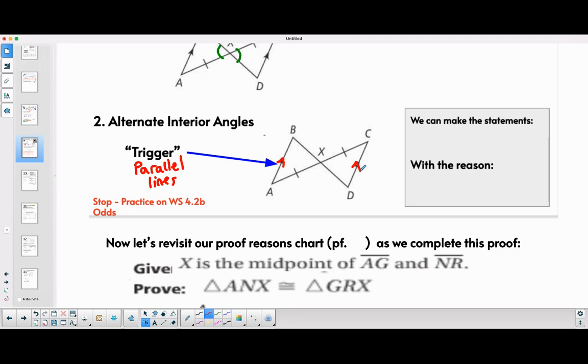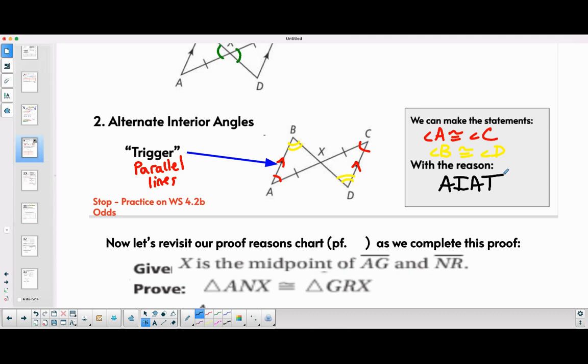Now we have two pairs of alternate interior angles we could do. So we could get A congruent to C out of that picture, and we still have the vertical angles in the middle, but we can also get B congruent to D. So we can get both of those. Our reason for that would just be alternate interior angles theorem.